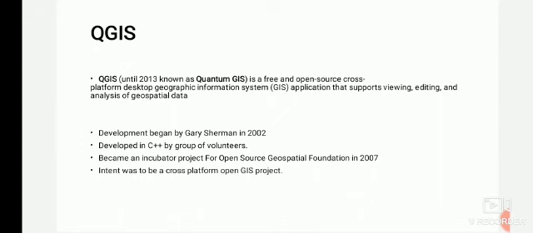OpenStreetMap is a collaborative project to create a free editable map of the world, which we can discuss later. There is also the ability to create spatial database tables from shape files, handling of spatial databases, and there are many tools for managing vector attribute tables, like our ArcGIS software.